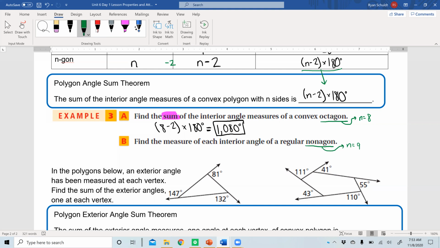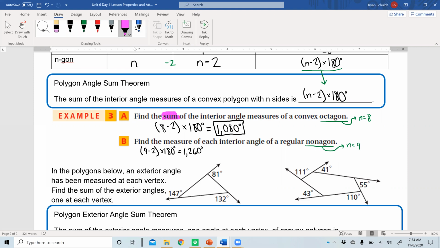Okay, so let's do like we did above. 9 minus 2 times 180. It's going to get us 1,260 degrees.